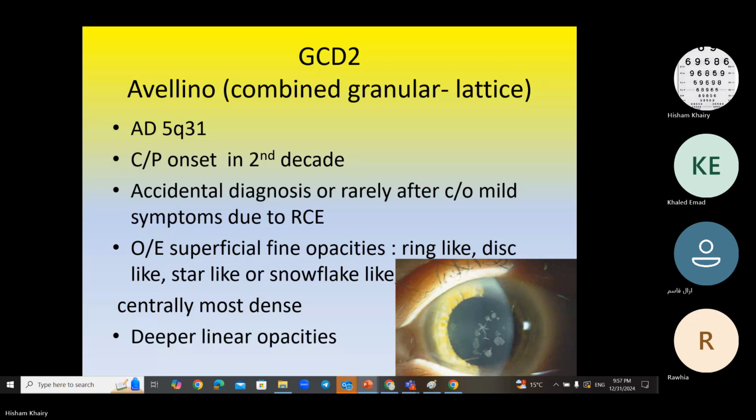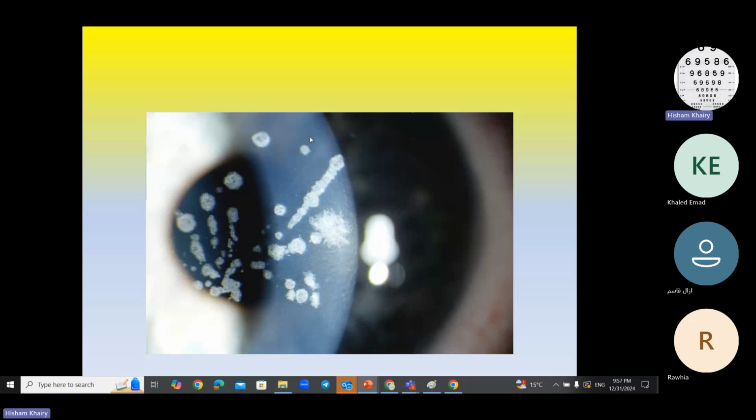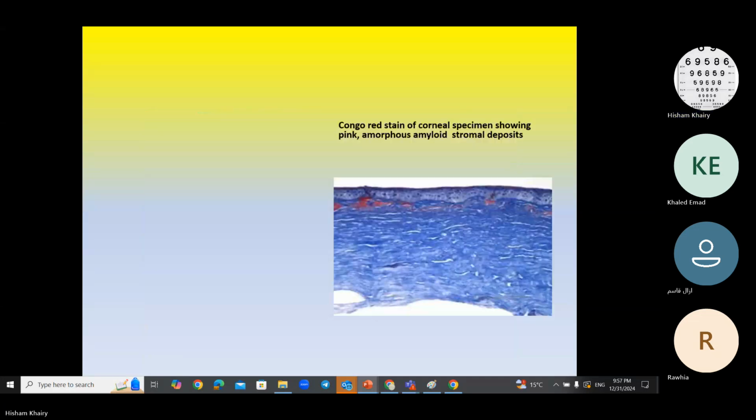Here is split illumination of a case. If you are lucky to get a pathology specimen and stain with Congo red stain, it will show pink amorphous amyloid stromal deposits.